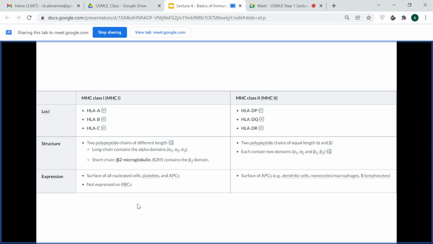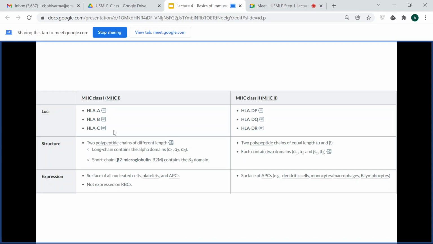This is also a nice table I saw in Amboss. So I mentioned that MHC class 1 and MHC class 2 have different names. The names that we call them by are HLA-A, HLA-B, HLA-C. So if you see any of the gene names, if they mention there is a mutation, this patient probably has a gene that has an HLA-A3 or A2 or something like B4.